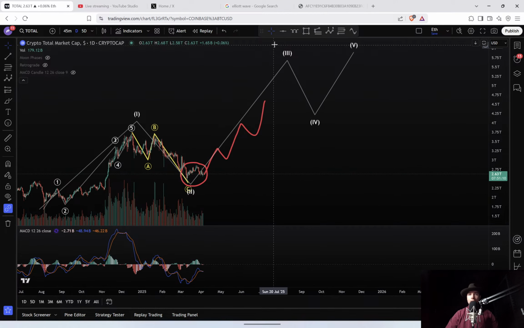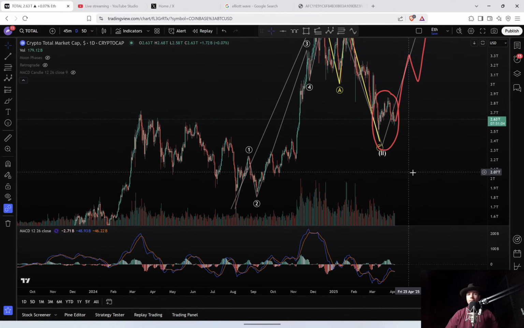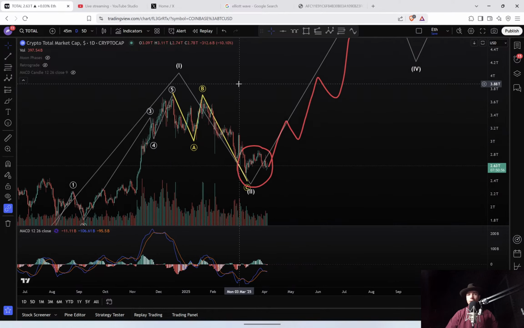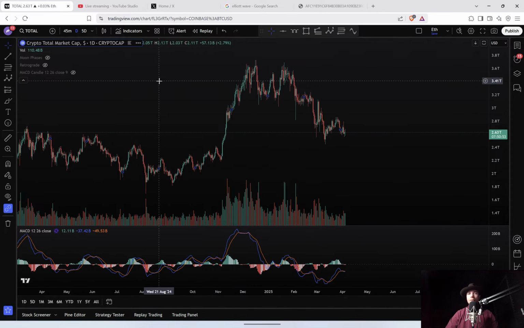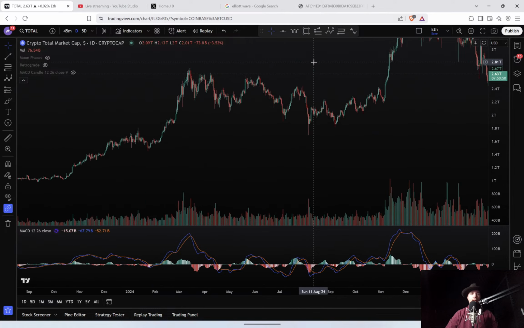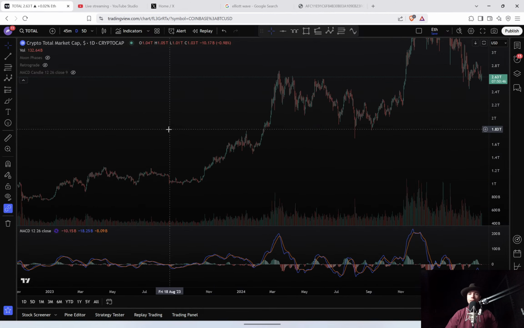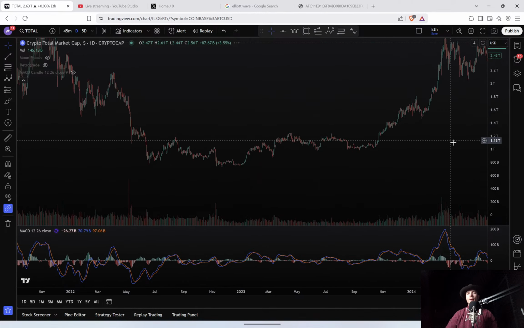We're getting ready for wave 3, 4, and 5. And our micro Elliott wave count shows wave 1, wave 2, wave 3, wave 4, wave 5, and an ABC correction down right here, right? So that's pretty cool, the way the Elliott wave theory works. And it does repeat over and over again. I mean, it's just super cool to see this happen in the markets.